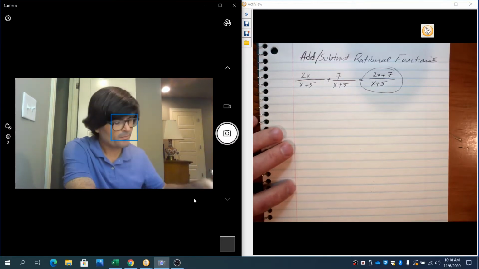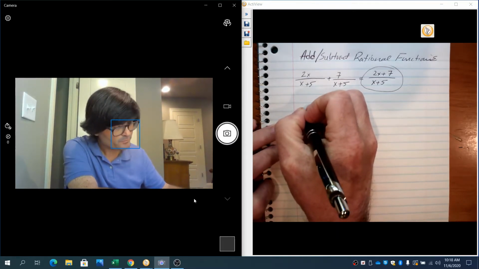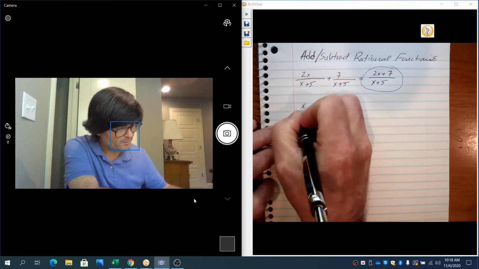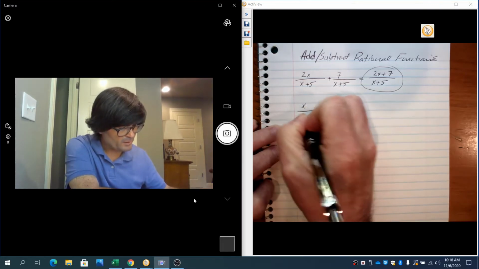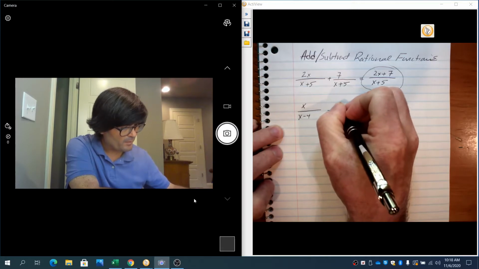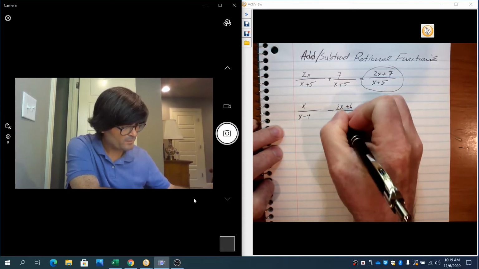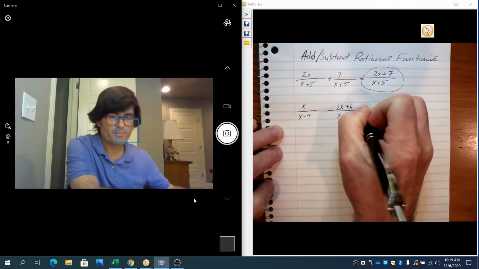If you subtract them, it works the same way. Suppose we had x over x plus 4 minus 2x plus 6 over x plus 4.